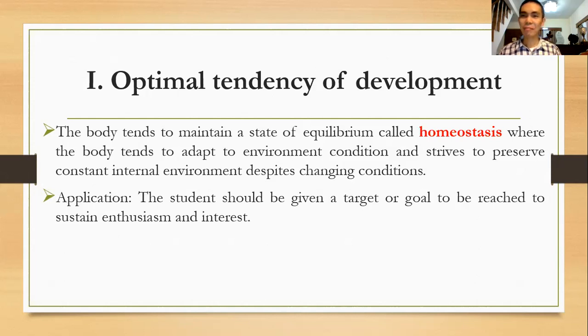So this time they acquire knowledge or skills, and they tend to preserve that in a state of equilibrium. They want to maintain that, and from that process, they become bored.